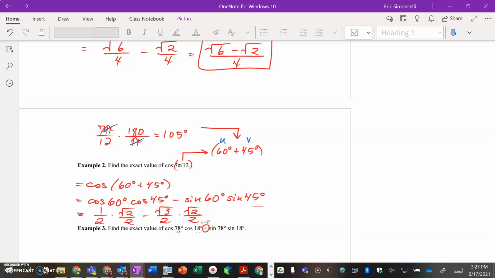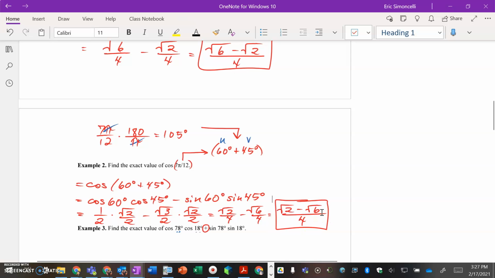If you do the math across, like before in the last example, root 2 over 4 minus root 6 over 4, as you can see there in the next step. And because our denominators are the same, we can easily combine as such. So your final answer ends up being root 2 minus root 6 all over 4.